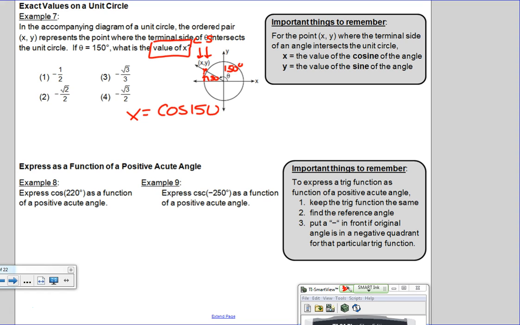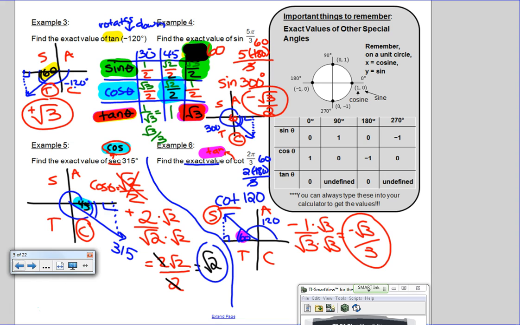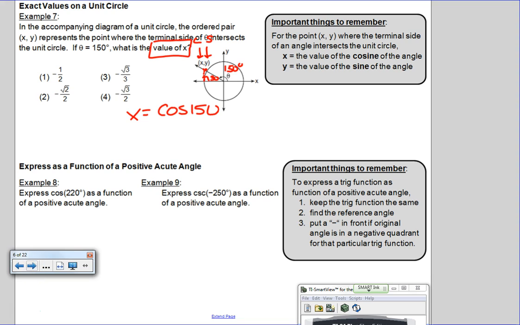So when I find the value of cosine of 150, I make my triangle, I get my 30. Then I'm going to make my chart, and instead of making my chart again, I'm going to flip back to the last page. I need to look up cosine of 30. Cosine of 30 is radical 3 over 2.